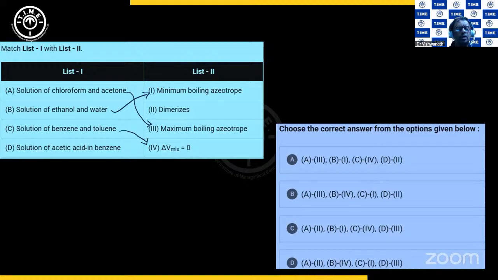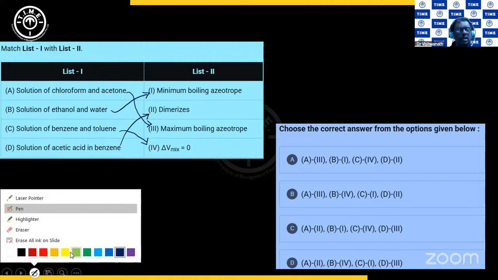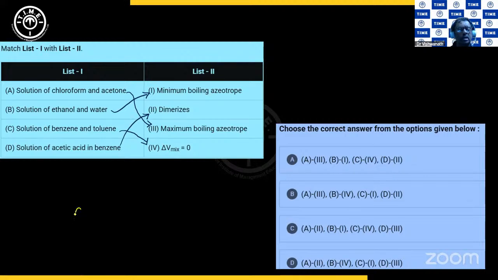Therefore, a solution of acetic acid in benzene will dimerize. We know that acetic acid can dimerize in benzene, right? Like this, you can have CH3, acetic acid is CH3COOH, a C double bond O over there and OH here. The same acetic acid ionizes in water, because it's functioning as a weak acid, right?